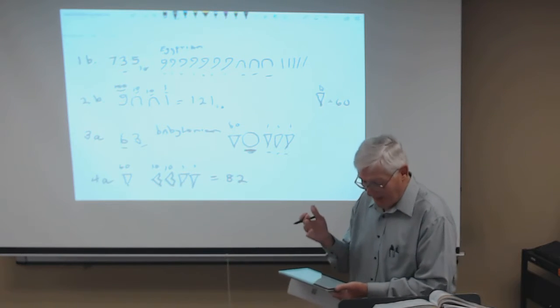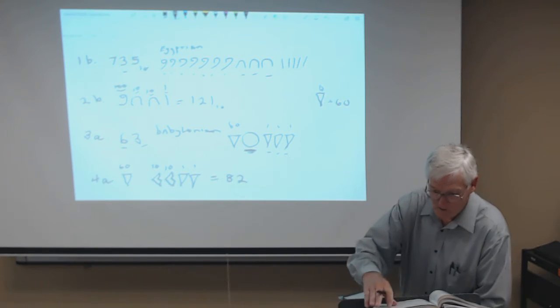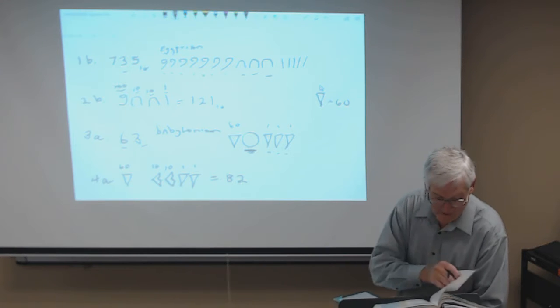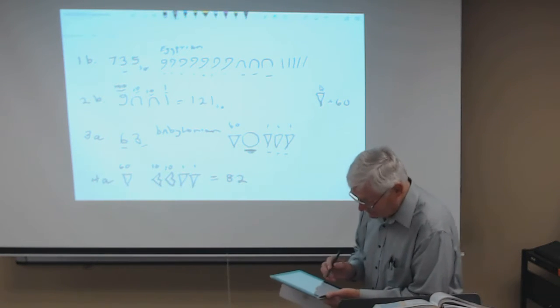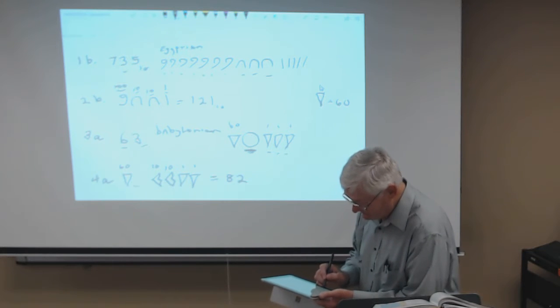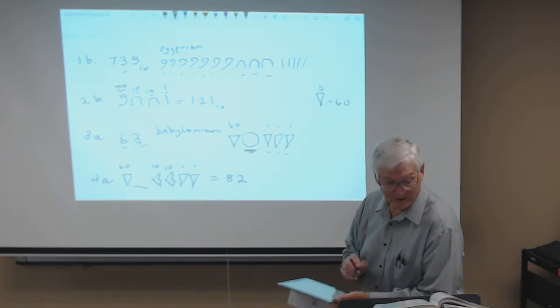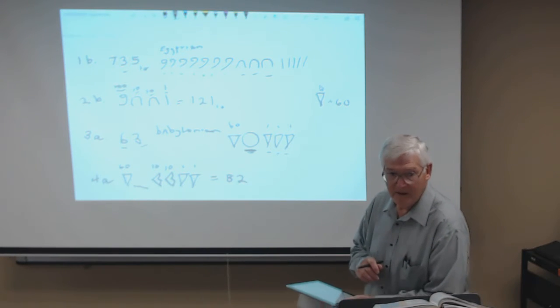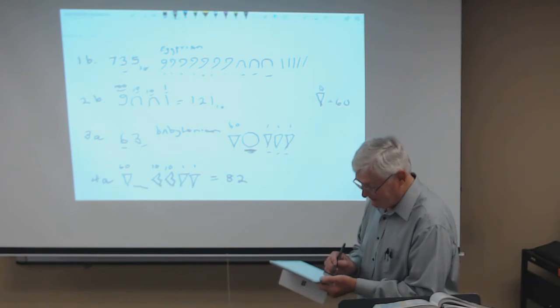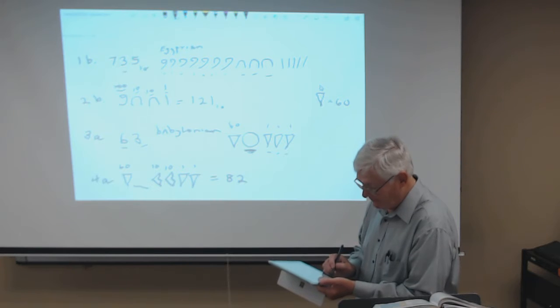And then when you look at problem 4a, do you see that space in there? Does everyone see that space on page 224 in 4a? So what does that first little axe head stand for? 60.